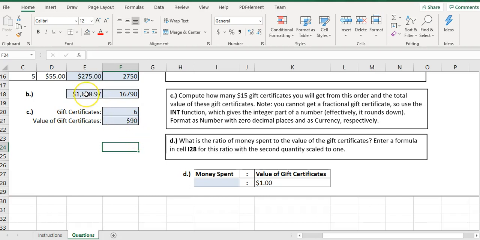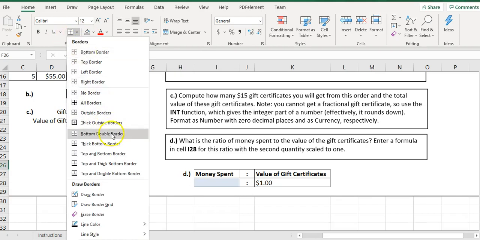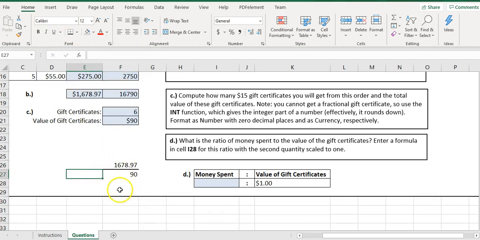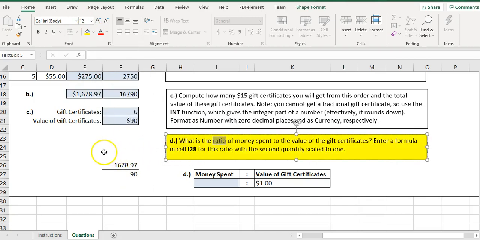So the ratio of value spent to gift certificates is, a ratio is always a fraction, the 1678.97 over 90. So this is a fraction, right? It's this number divided by this number. That's all a ratio is. So anytime you see the word ratio, all we're talking about is just simply a fraction, right?